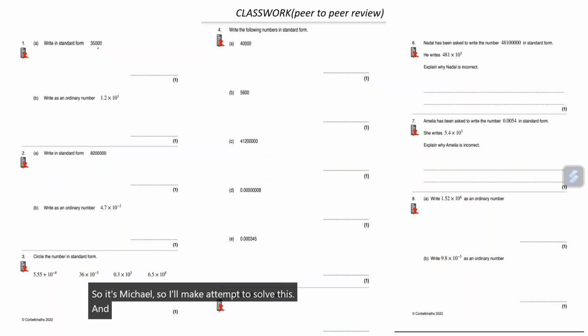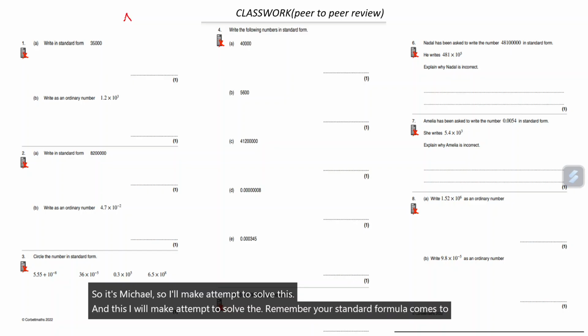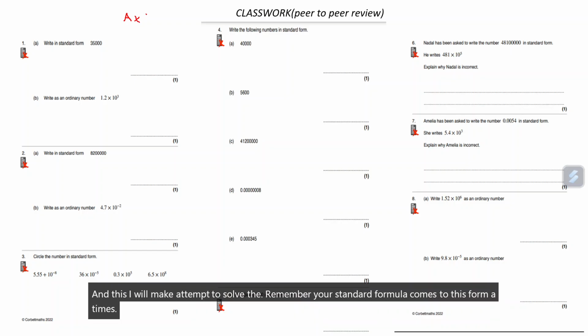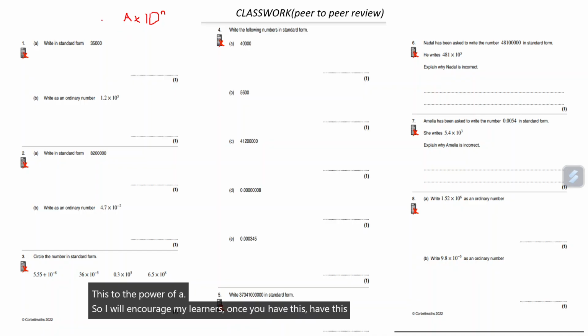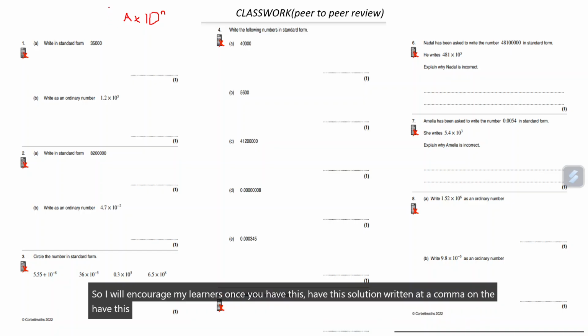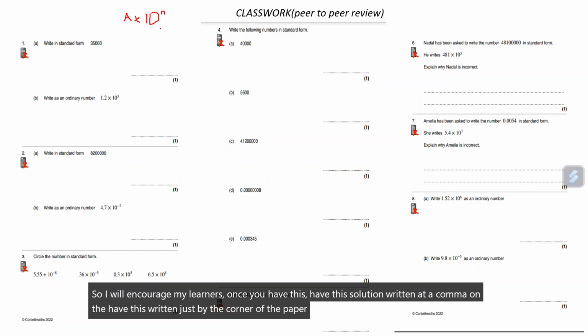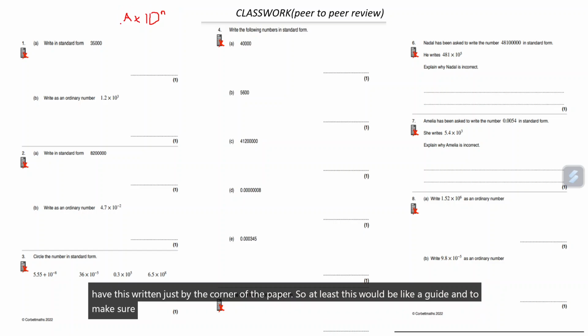Remember, your standard form comes to this form: A times 10 raised to the power of n. I will encourage my learners, once you have this, to have it written just by the corner of the paper. At least this will be like a guide, to make sure that you are doing the right thing.